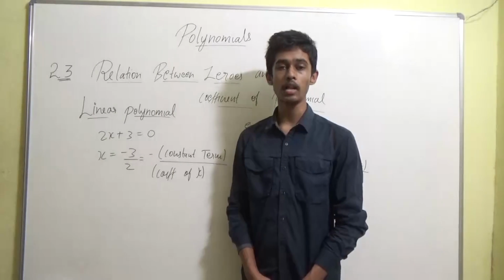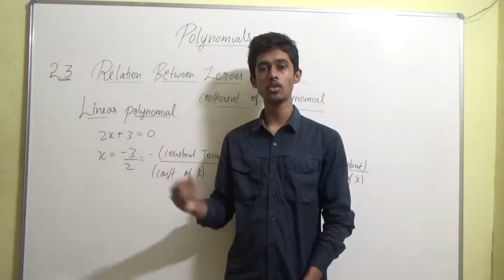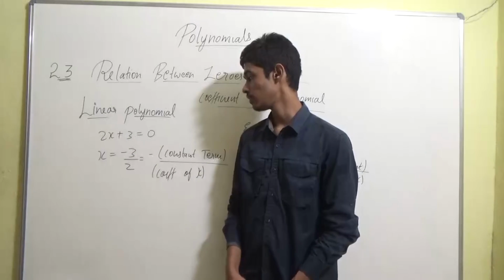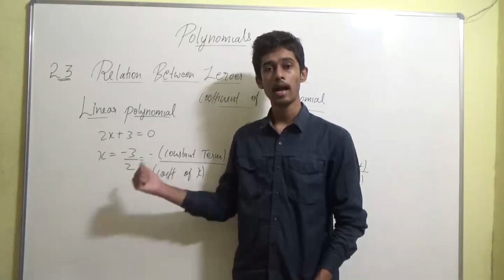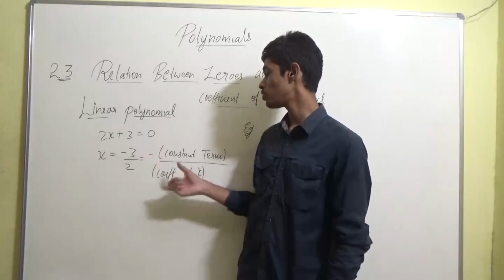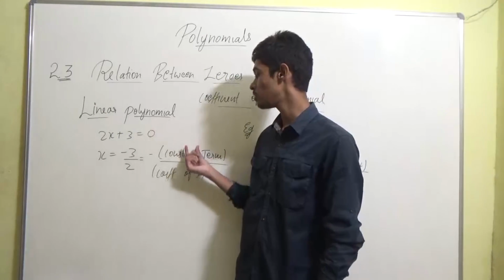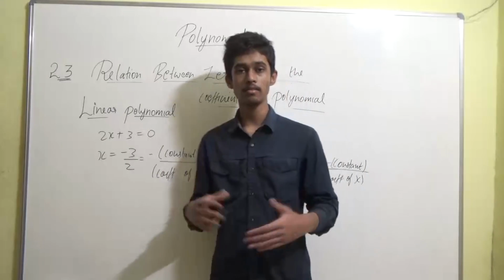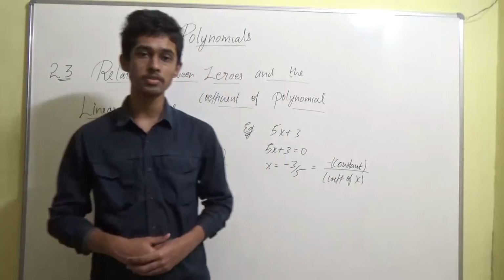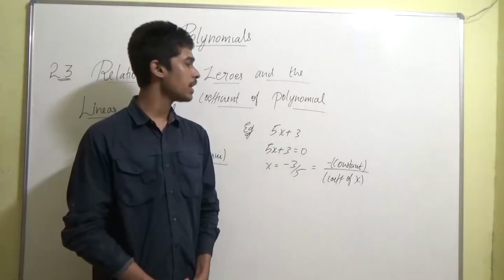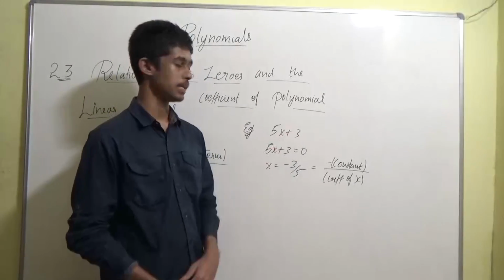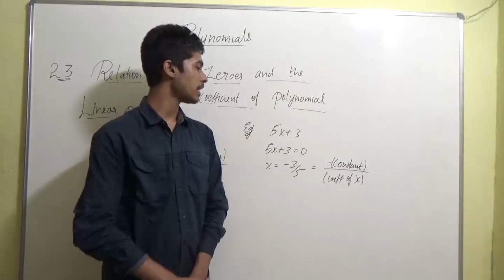So the alpha which we assumed at the start of solving this equation can be found not just in the algebraic way, but also through this formula. You have to just substitute these values, and you will get the value of alpha, or the value of the zero of the polynomial. Let's take one more example, guys. The example is 5x plus 3. Now we are not going to solve this algebraically.